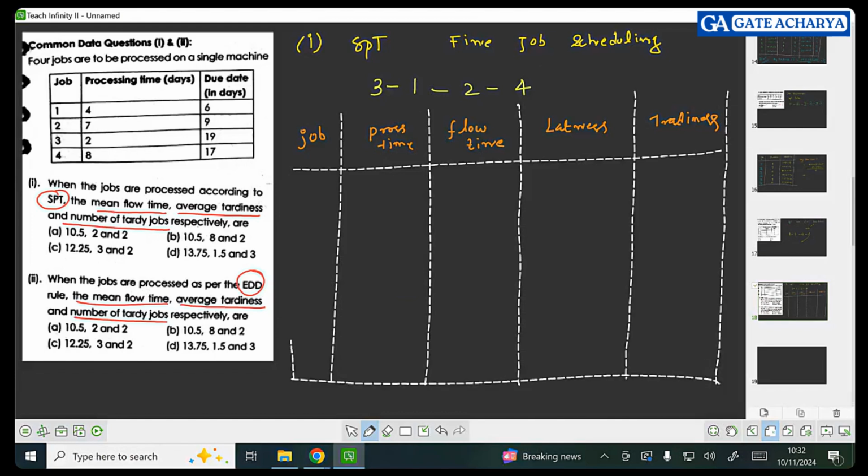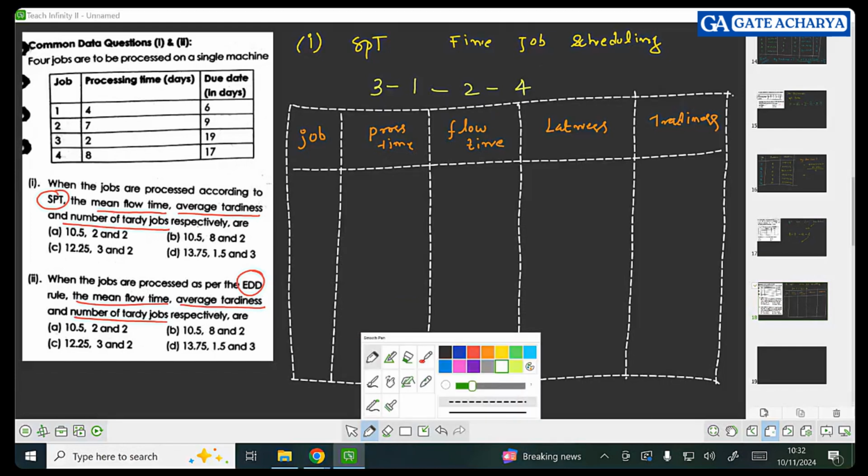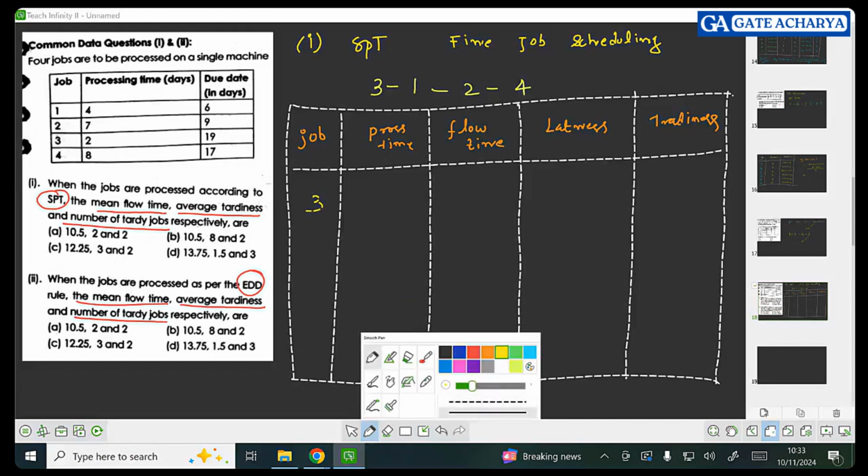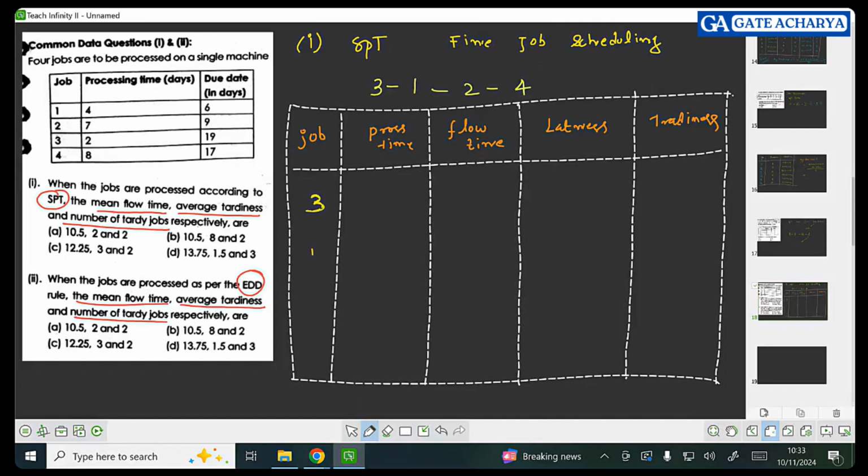Alright guys. So now your job sequence is 3, 1, 2, 4. The processing times are 2, 4, 7, 8.